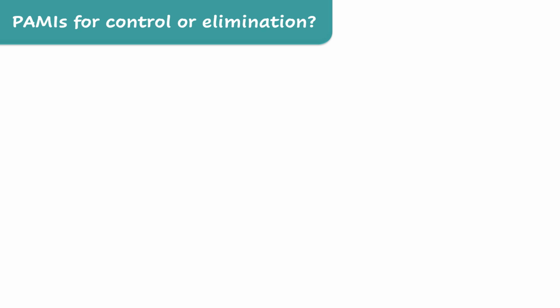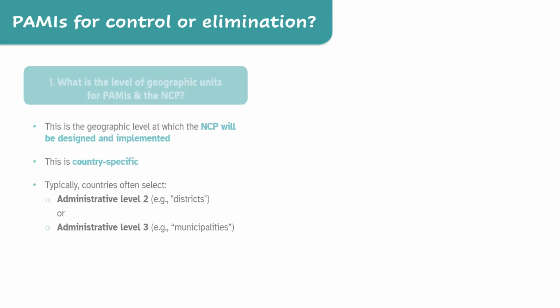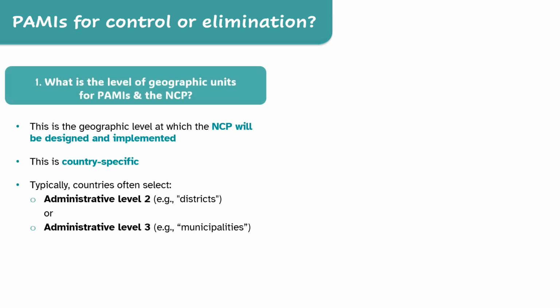For a country to determine whether it should identify PAMI for control or for elimination, the first step is for this country to determine the relevant geographic level of PAMI in its specific context. This is the geographic level at which multisectoral interventions against cholera set in the NCP will be designed and implemented.